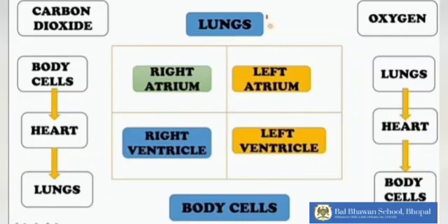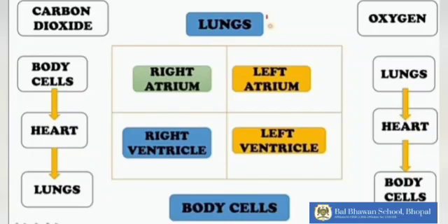From the body cells, it is entering your heart, and from the heart, they will reach the lungs. Now let's move to the left side of the heart. Left side of the heart is receiving oxygen rich blood. From where is it coming? From the lungs. So can you see from the lungs where is the oxygen rich blood entering? It is entering the heart. From the heart, it is reaching to each and every body cell. Alright, have you understood, children?